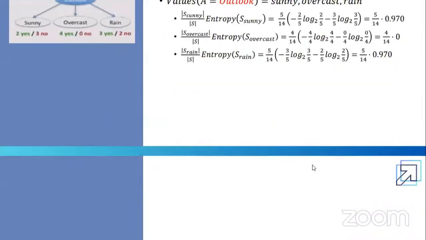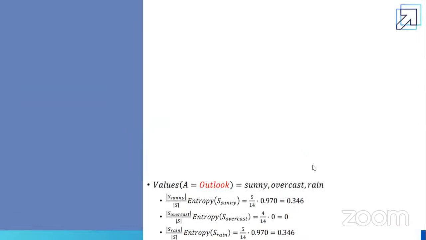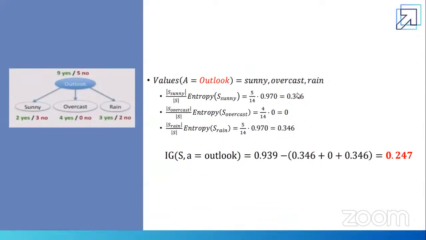So now let us calculate information gain in the case of outlook. Here my current entropy is 0.939 and when I subtract the sum of the new entropy, it becomes 0.247.